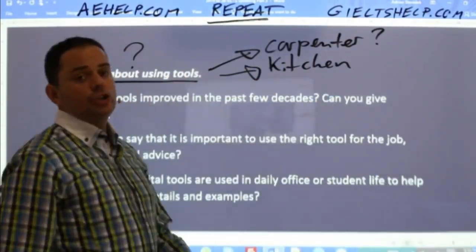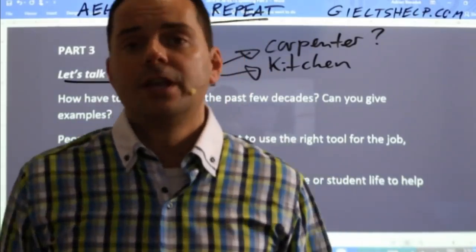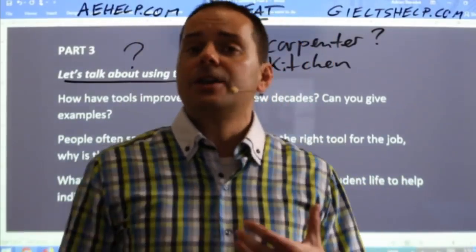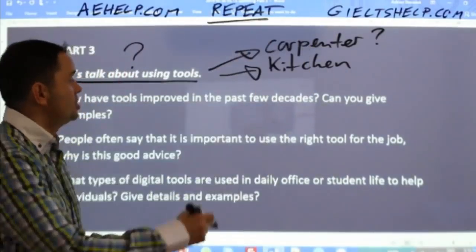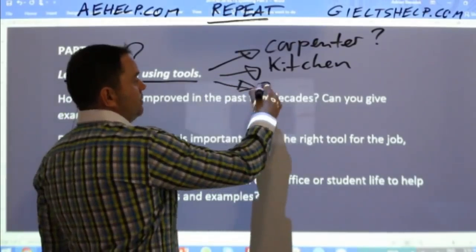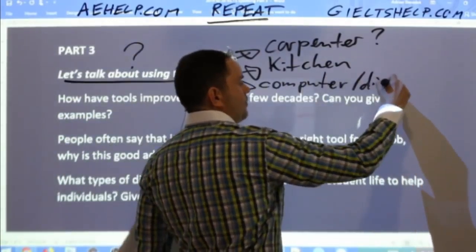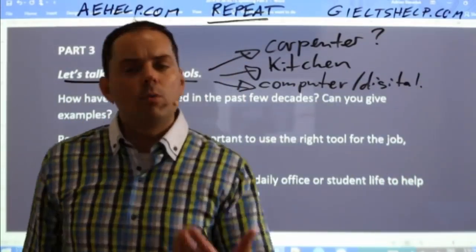Yeah, so you should start to think about these different types of tools that we use or that we commonly are familiar with in our day-to-day lives, like tools of a carpenter, tools we have in the kitchen, tools for a computer, right? Digital tools. Okay, and what words come to mind?